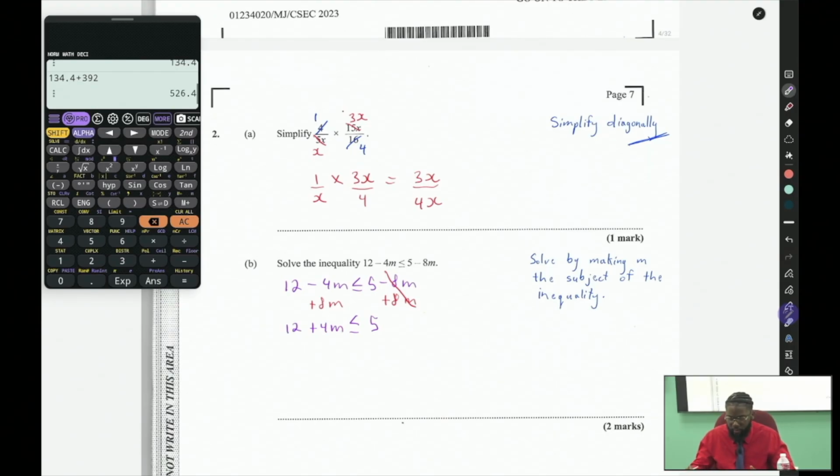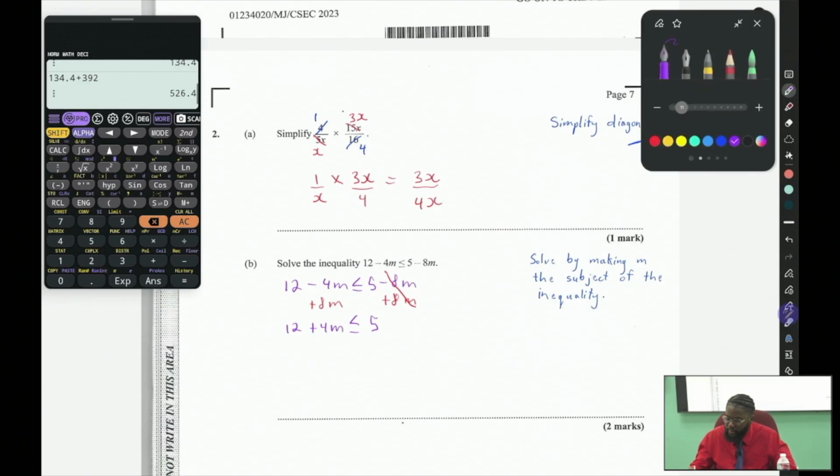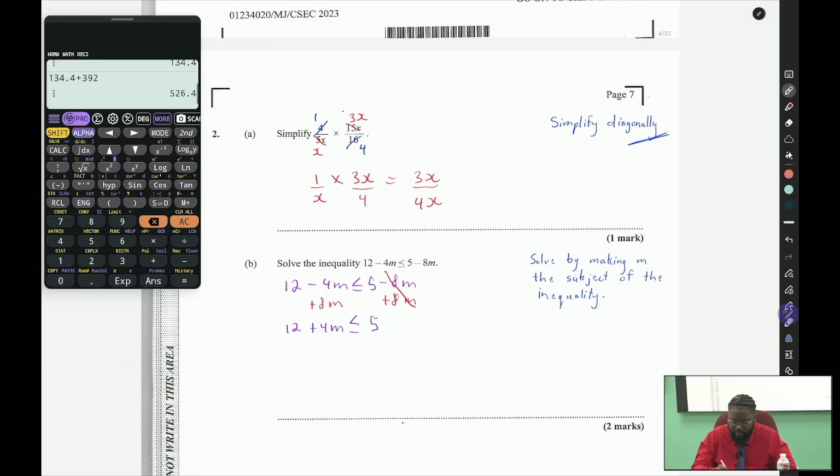So now we're still not finished. We need to move the 12 next so that we can continue on the journey of making m the subject. So to carry 12 over to the other side, it is currently positive, so we have to use the negative counterpart, which will cancel.